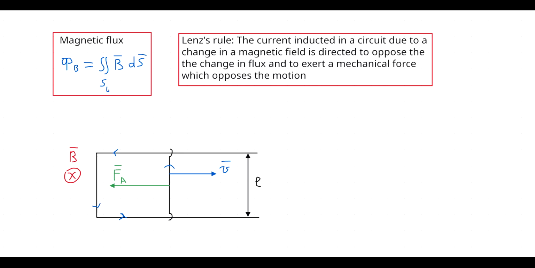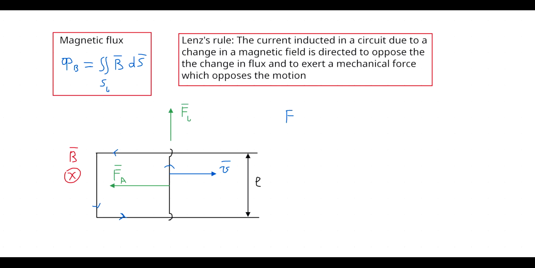So it means that some force, for example FL, Lorentz force that is caused by velocity v.